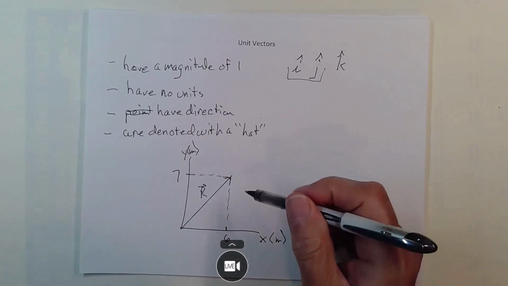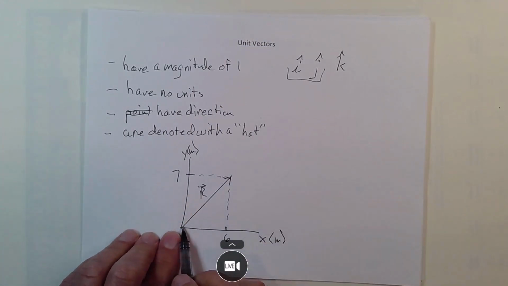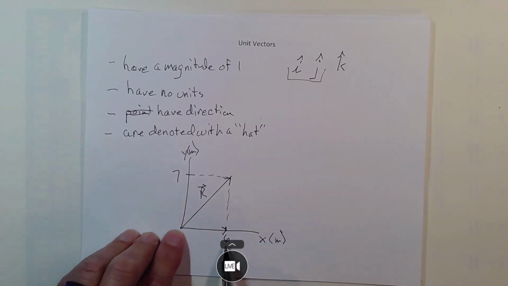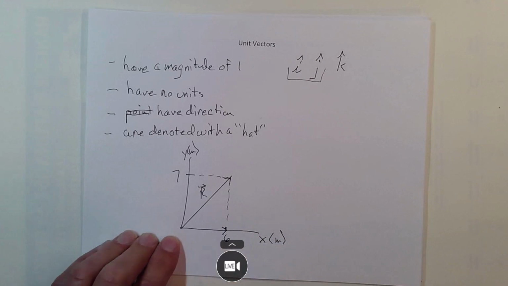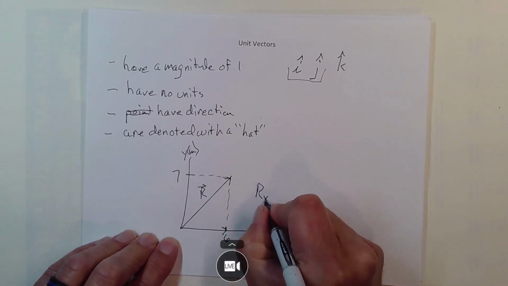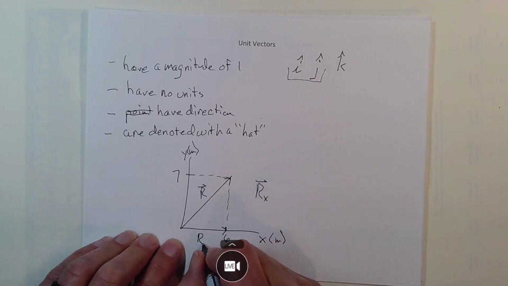Well, I can see just by the way I drew this that r is going to have a component in the x direction that's equal to 6, and so I could write r sub x, if I think of this as r sub x.